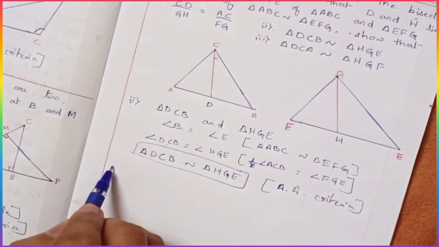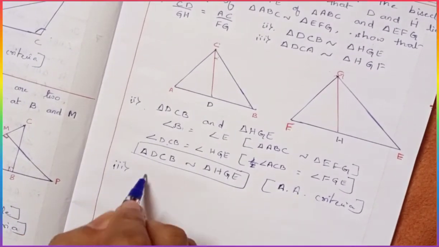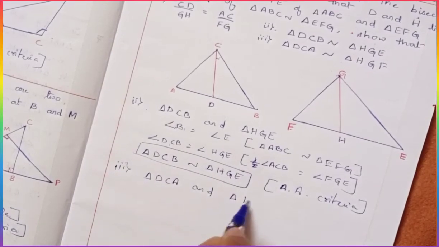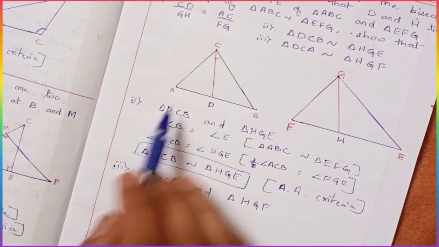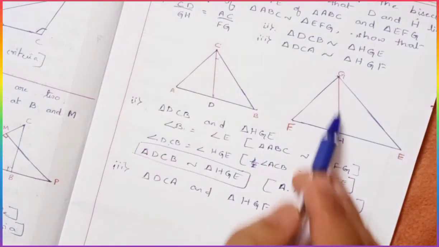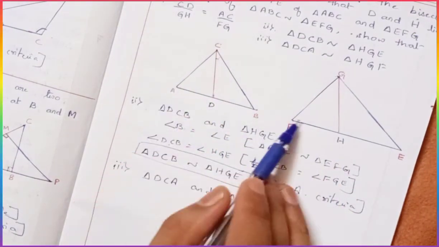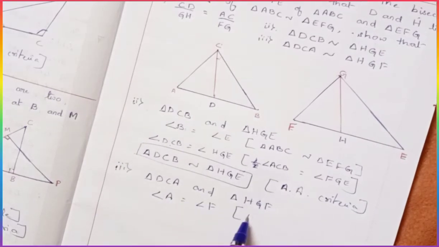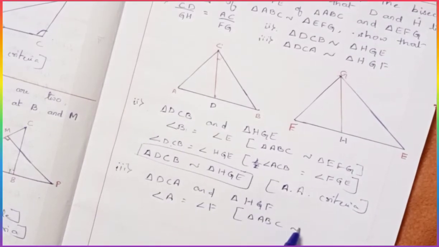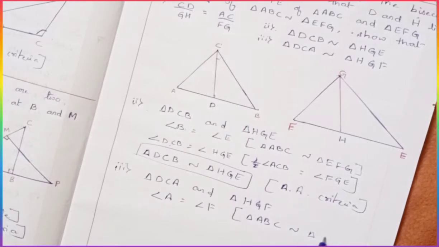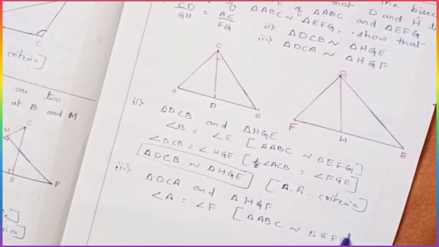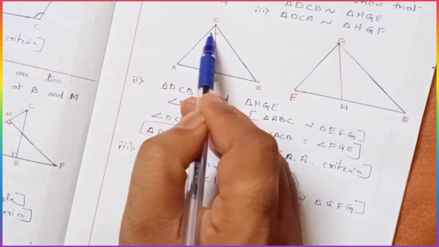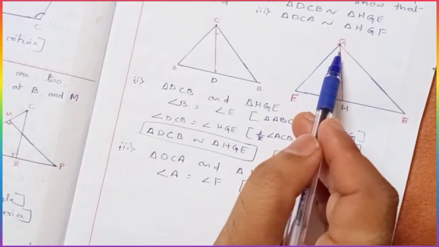Next we will go for the next set of triangles, that is triangle DCA and triangle HGF. So DCA, this triangle, HGF. Obviously we can see here angle A and angle F are equal to one another. So I can write angle A is equal to angle F. Once again it is by the similarity of the original triangles, that is ABC is similar to triangle EFG. The next one, once again you can see, half of angle C is here, half of angle G is there.